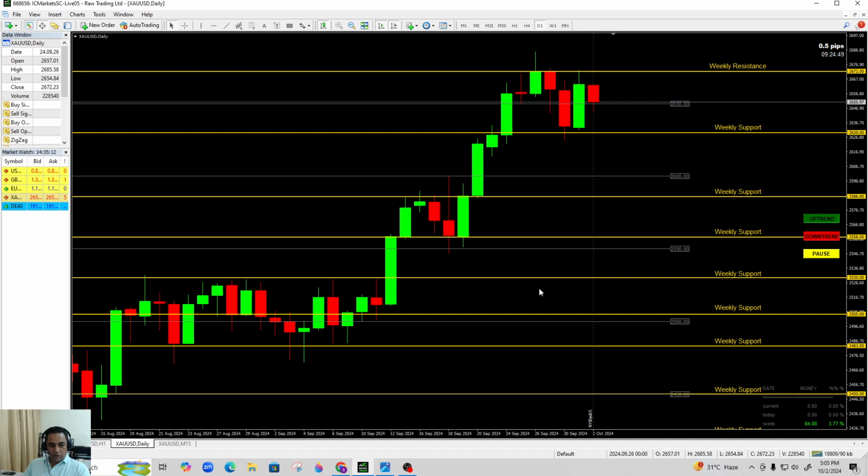All right, let's get to our chart. So this is the daily time frame. Even though I don't use the daily time frame in my analysis at all in my in-session trading, because I feel it makes no sense. It's a completely pointless exercise trying to analyze the weekly and the daily if you're just trading 2 to 3 hours in a session open, either the Asian, London, New York, or NYSE session open.